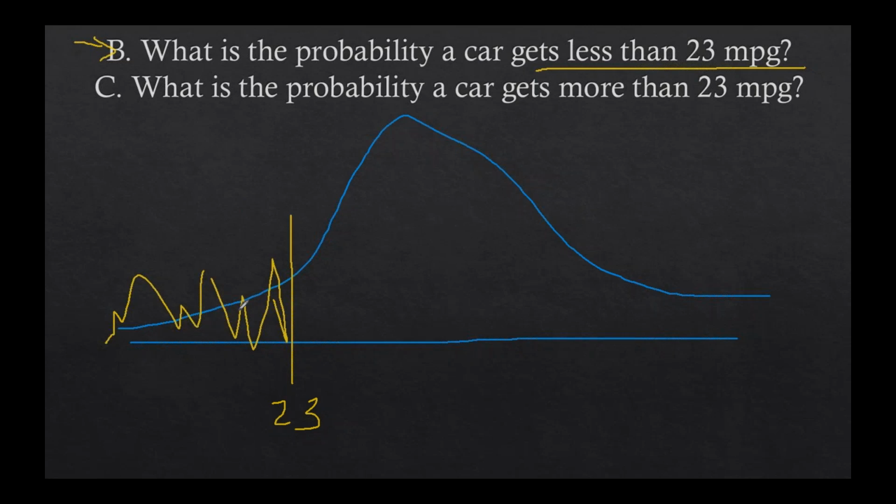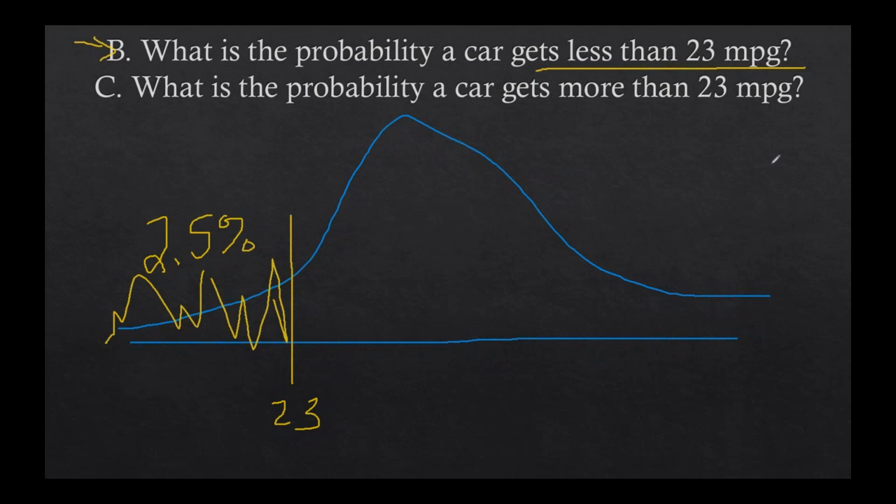And what do you get? 2.5%. Very good. Because you had the 2.35 and you had the 0.15. So because we want everything to that side of 23, we add those two together. And that gives us 2.5%. So the probability a car gets less than 23 miles per gallon is 2.5%.